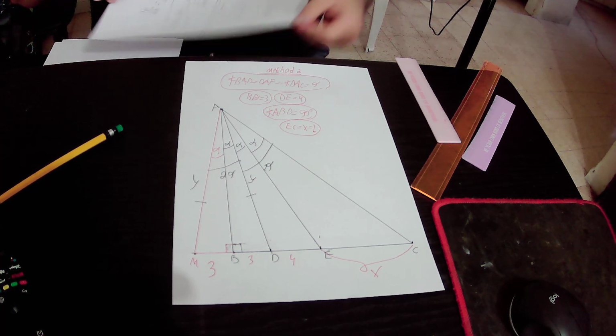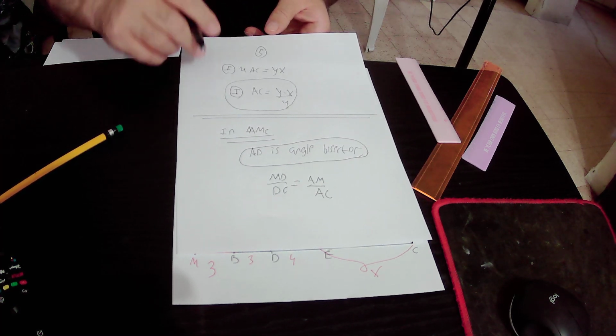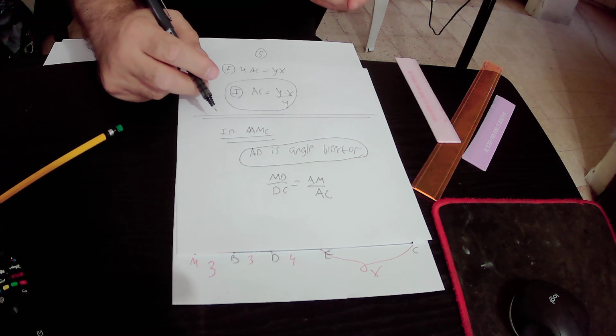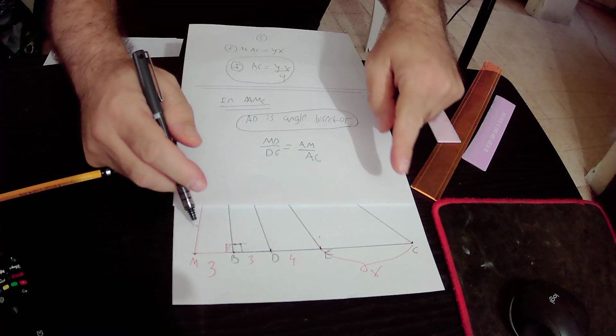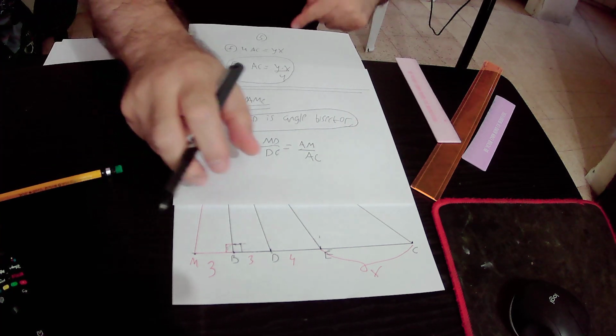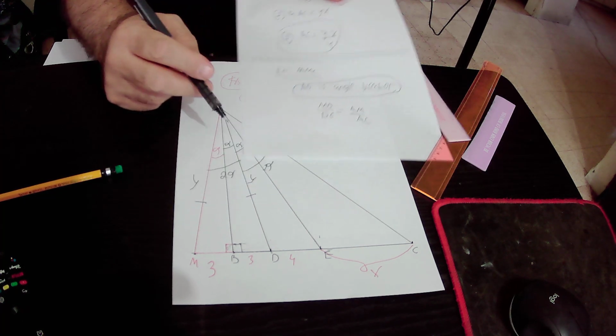Again, AD is angle bisector in triangle AMC. So according to the angle bisector theorem, the angle bisector AD divides side MC in a ratio of MD over DC, and that ratio equals the ratio between the angle legs.